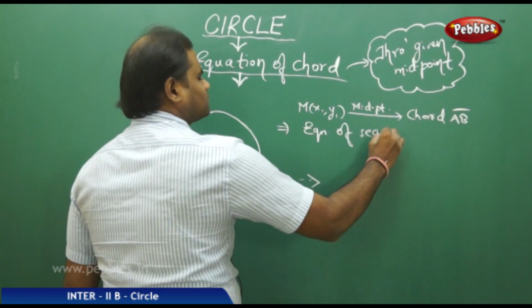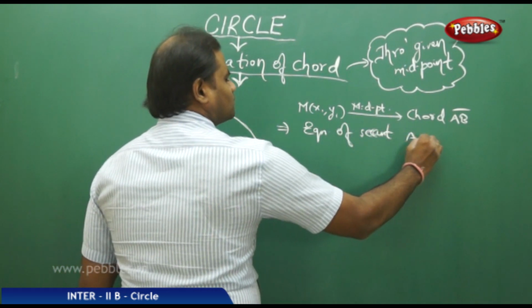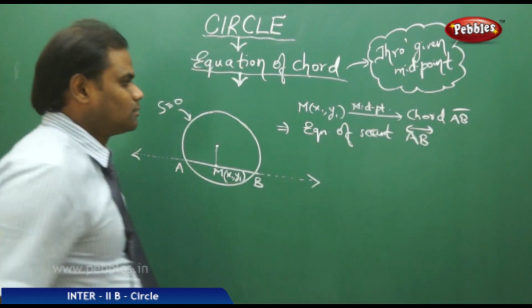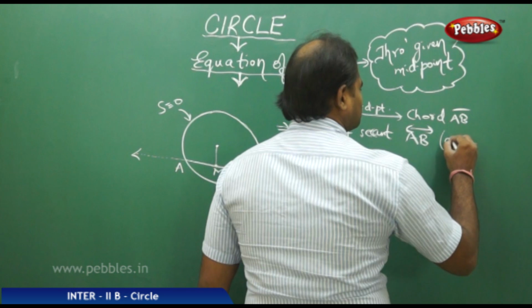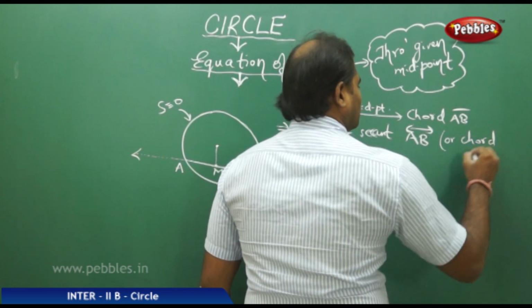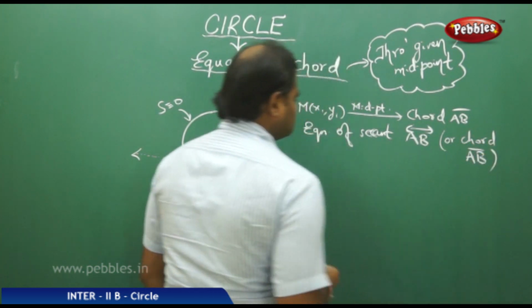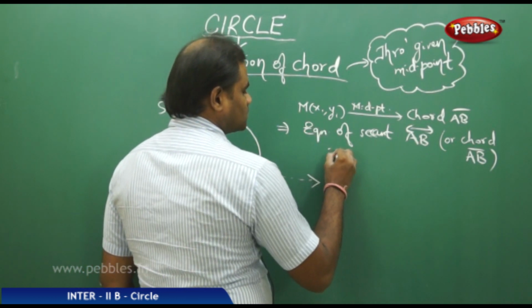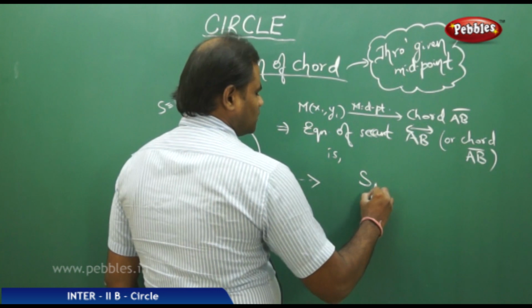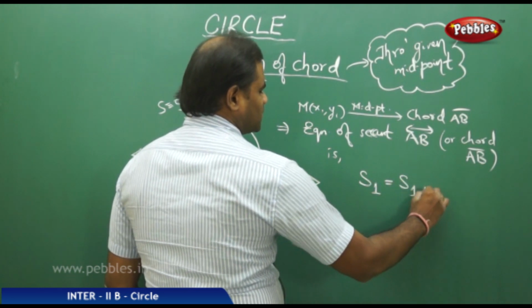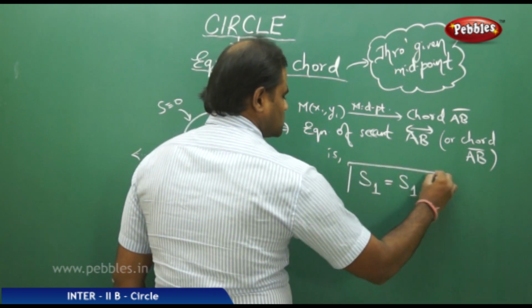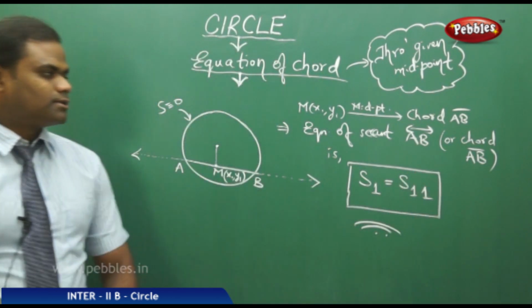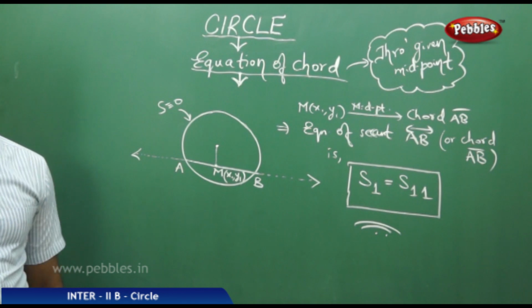equation of secant AB or the chord AB with respect to the middle point is S1 equals S11, is how we understand the concept of middle point connected with finding equation of chord.